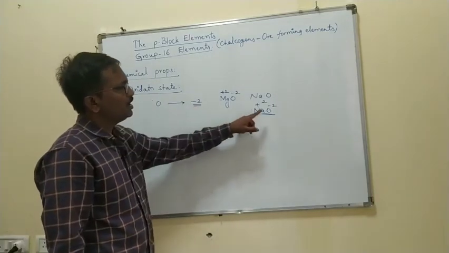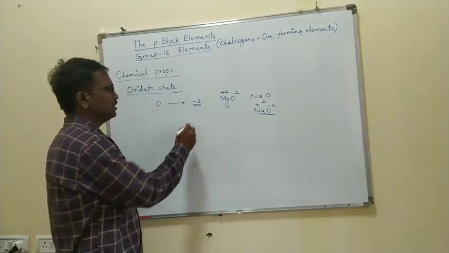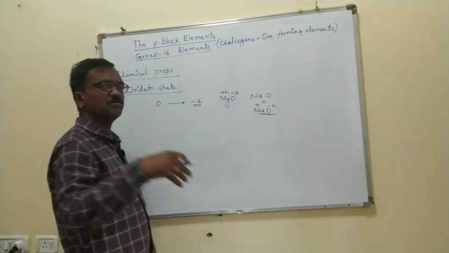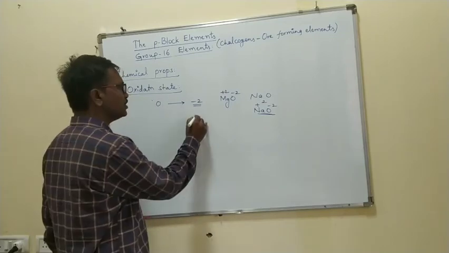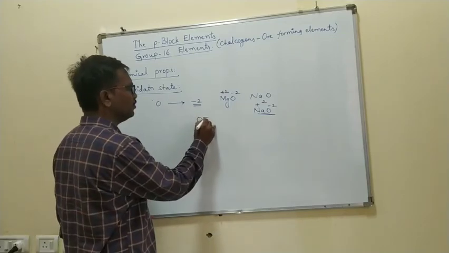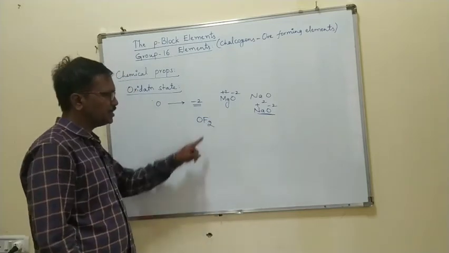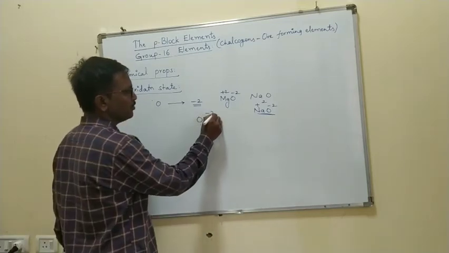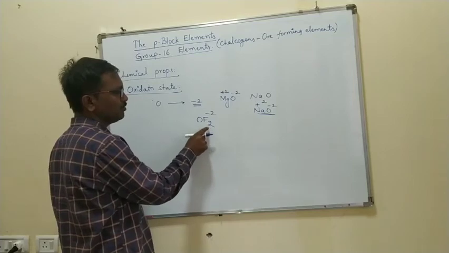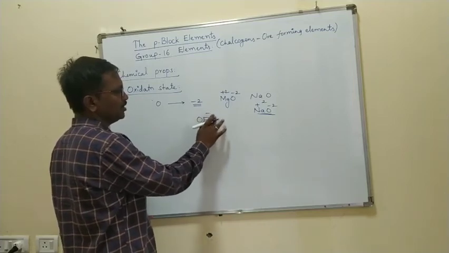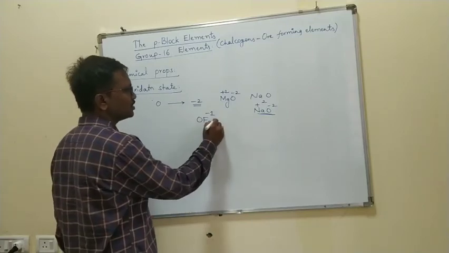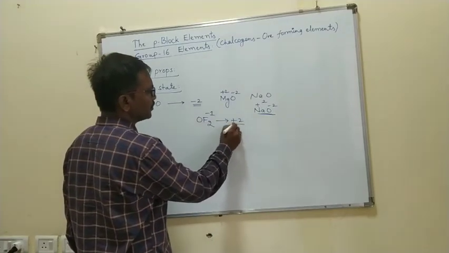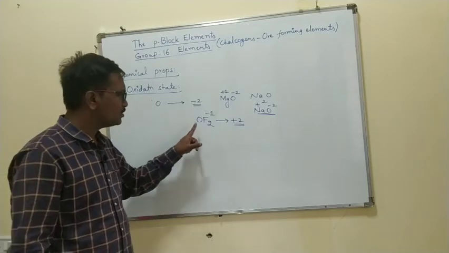Except in one case, when it combines with fluorine, which is more electronegative, oxygen takes a positive charge. In OF2, fluorine is -1, two fluorines -2, so oxygen becomes +2.